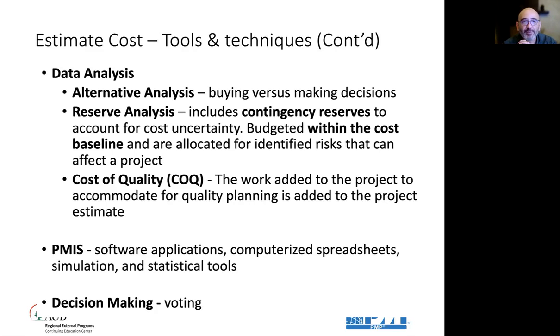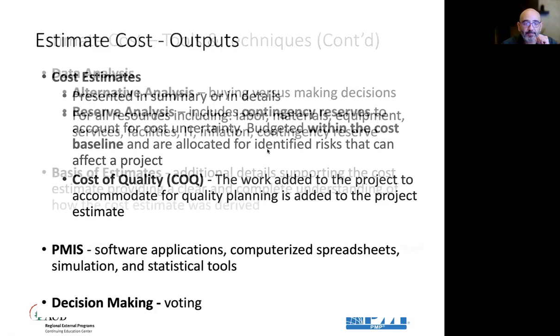Tools: project management information system, the software that you are going to use, computerized spreadsheets, simulation techniques, statistical tools, financial forecasts, all of these used in your software, and decision-making techniques like voting to come up with accurate cost estimates.